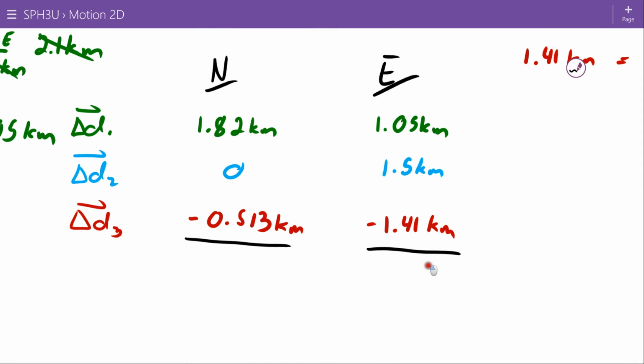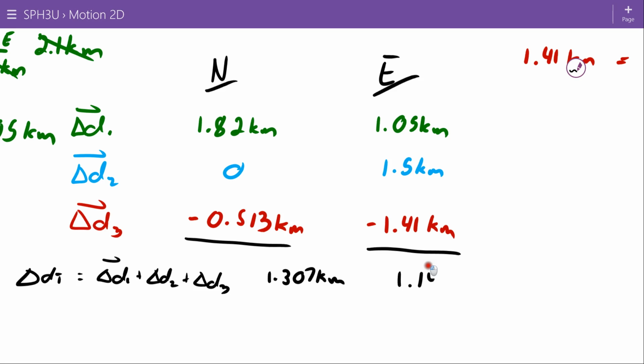Finding the total of those two things, 1.82, I guess technically plus a minus, but it works out to just minus 0.513. I get 1.307 kilometers, and in this direction 1.05 plus 1.5 minus that 1.41, I get 1.14 kilometers.